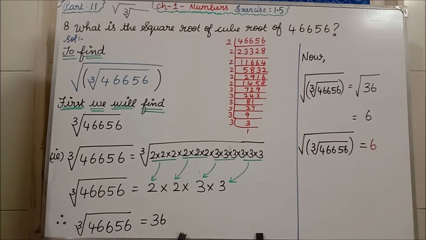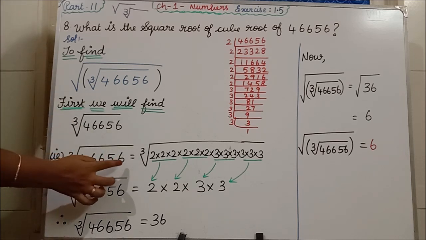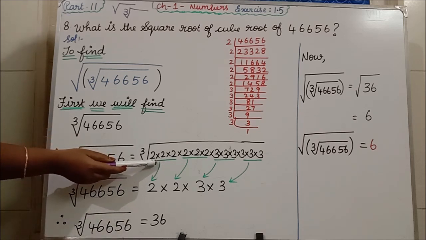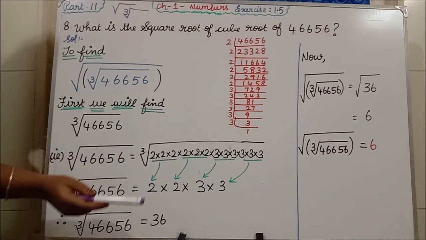So which means what? 46,656 is a perfect cube number. Clear? As I told you in the previous problem itself, cube root means you have to group 3 numbers. From that 3 numbers you have to consider only one number. Okay? See, three 2s we are having, I am taking only one 2.